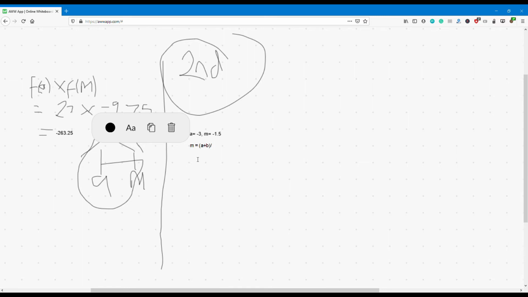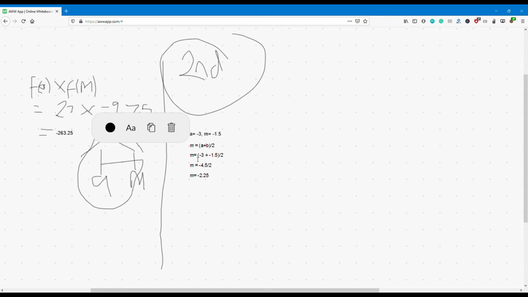A here is minus 3 plus minus 1.5 over 2. So m is equal to minus 4.5 over 2. So m is equal to minus 2.25.